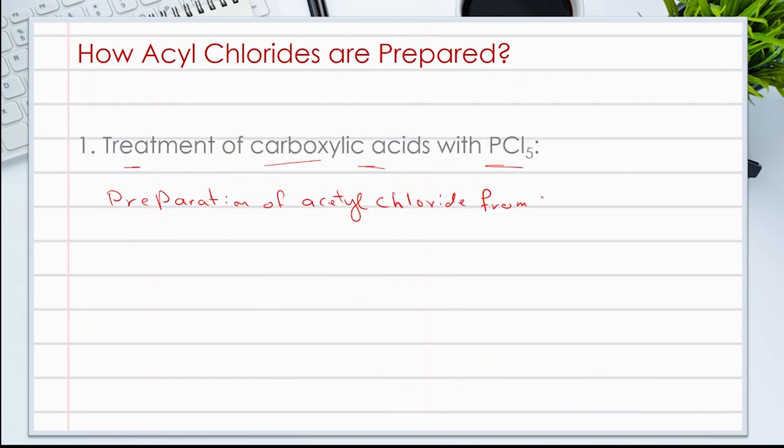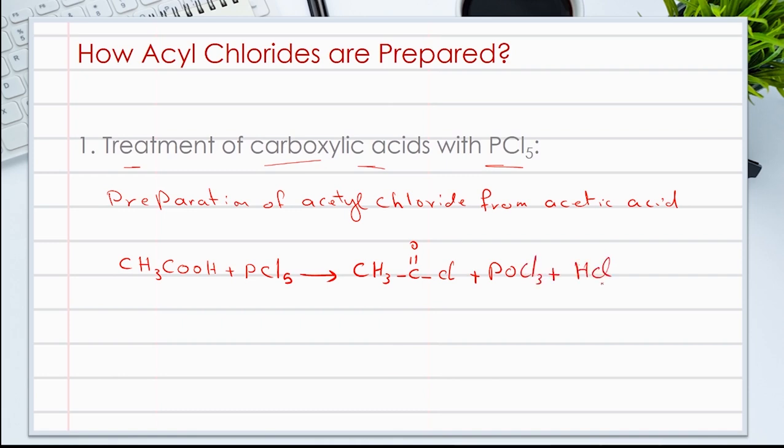First, the reaction of acetic acid with phosphorus pentachloride gives acetyl chloride, CH3COCl, and phosphoryl chloride, POCl3, and hydrochloric acid, HCl.